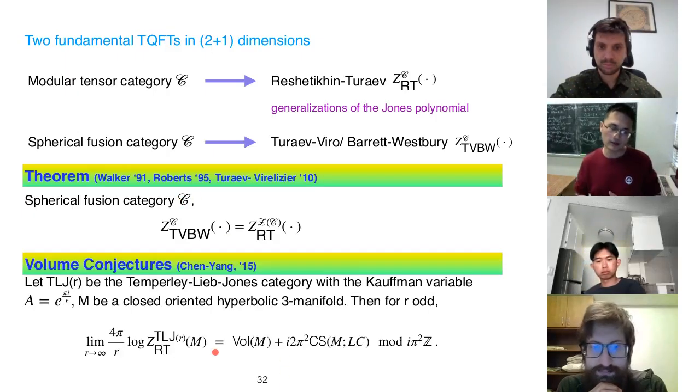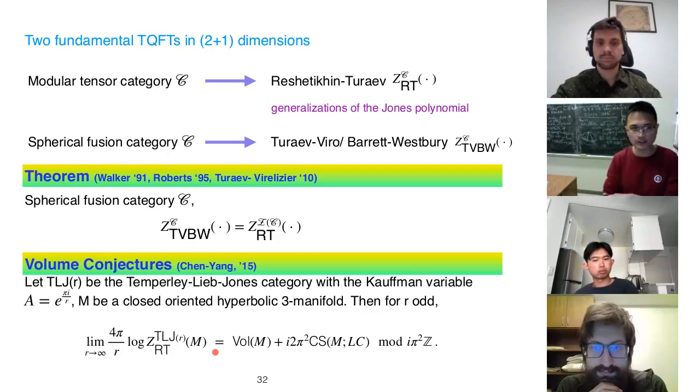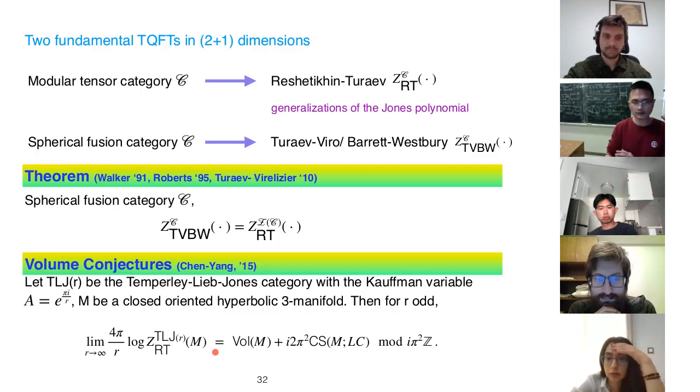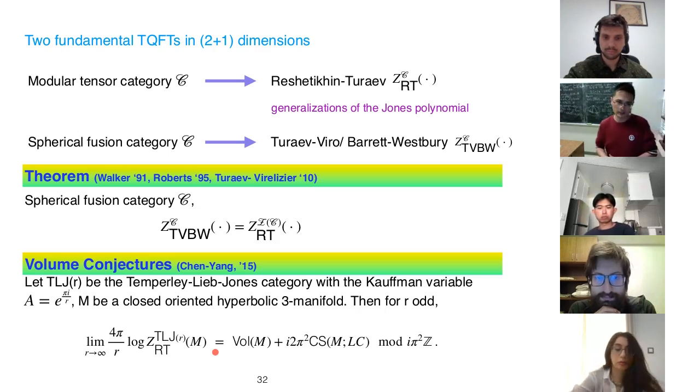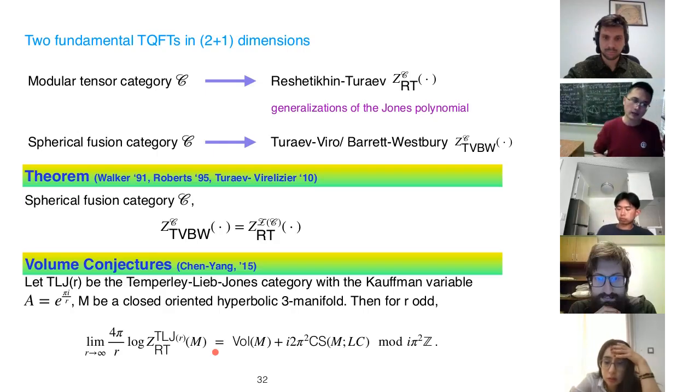One of the open problems in this field that relates this TQFT to topology is the so-called volume conjecture, or volume conjectures, because there are different versions of the conjecture. Here's one version. Consider a modular tensor category, specifically the TLJ or Temperley-Lieb-Jones category. It has a parameter indexed by the so-called Kauffman variable A, which is a root of unity.